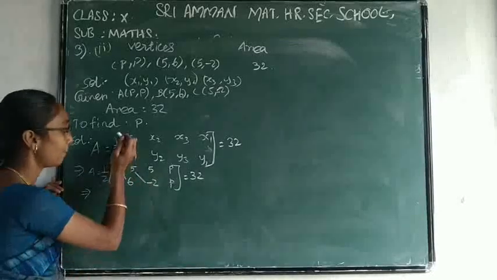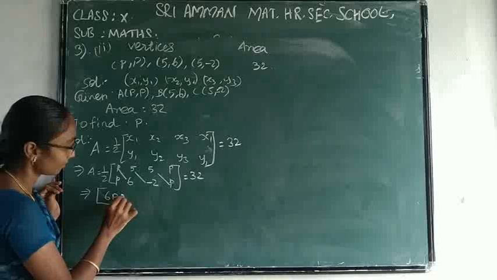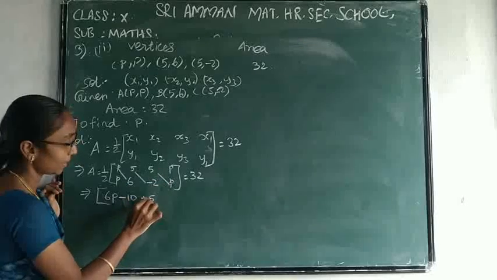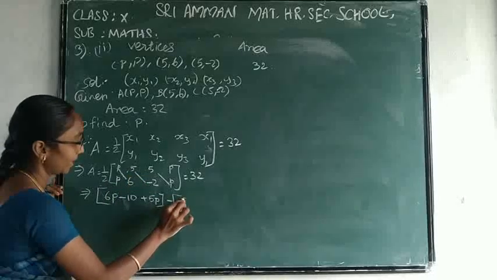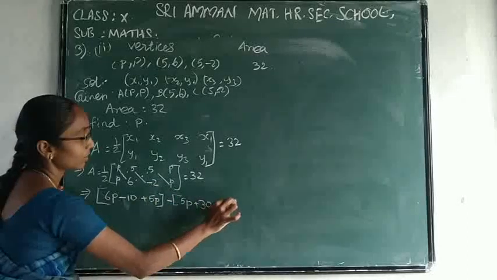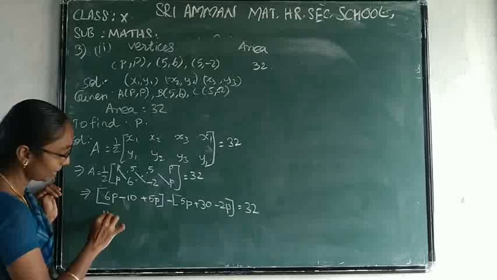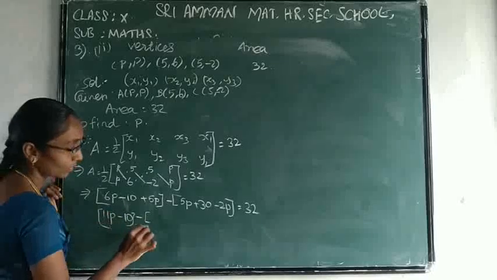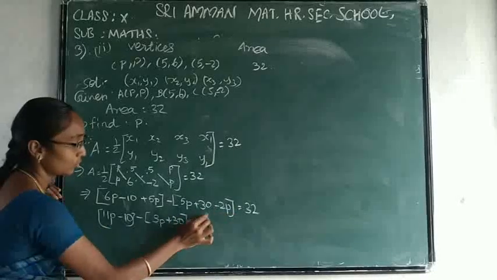Now, first of all the upper part: 6p plus 5 into minus 2, minus 10, plus 5p, minus 5p, plus 30, minus 2p, equal to 32. 6p plus 5p, 11p minus 10 minus 5p minus 2p, that is 3p plus 30 equal to 64.